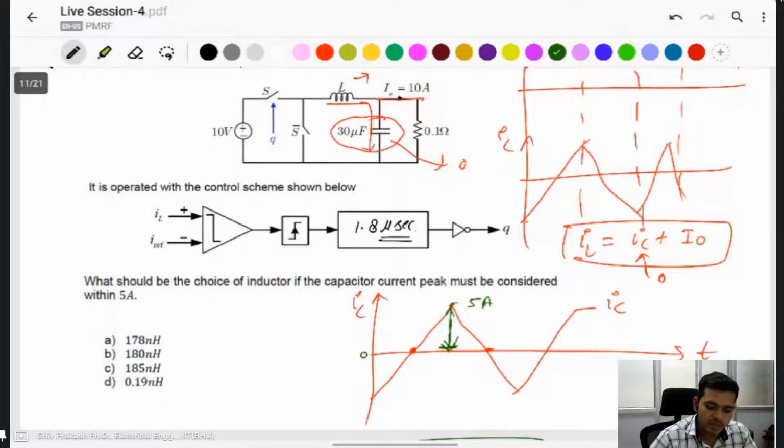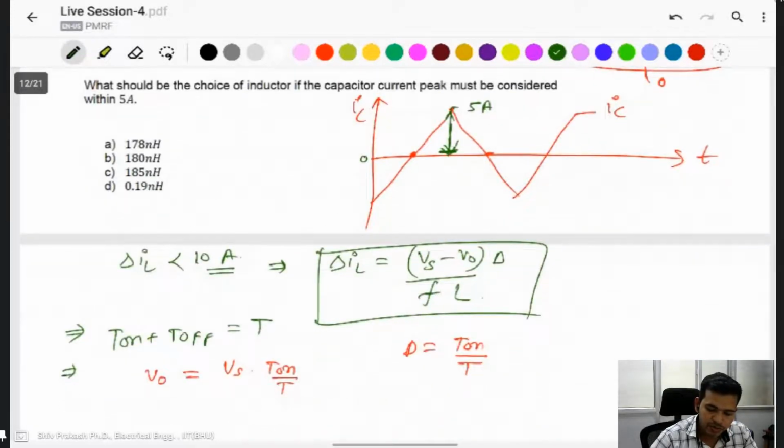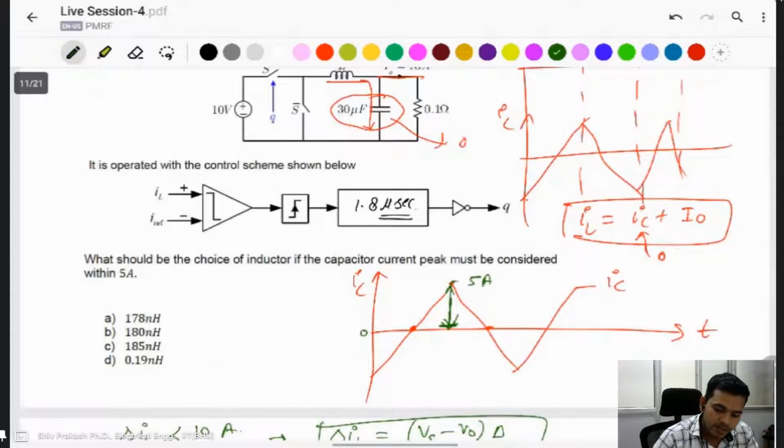Here the inductor value is not given, so you can apply this formula. He is asking about the inductor current, and we need the duty ratio and frequency. The frequency is not given, but we are given the constant on time, so we find that it is a constant time current.